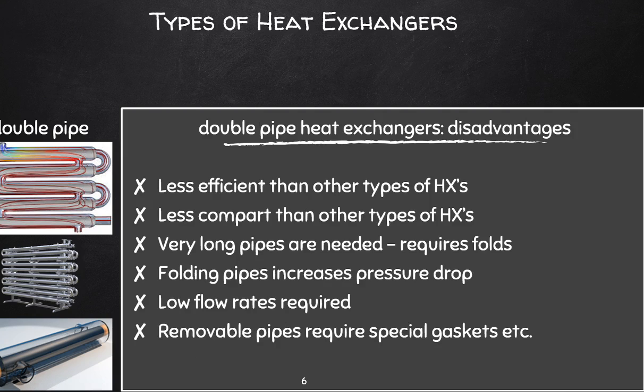Now, although a heat exchanger such as the double pipe heat exchanger is less efficient and less compact, it also will require very large lengths of pipe to compete with other exchangers. So it should always be remembered that this type of heat exchanger nonetheless does have an application.